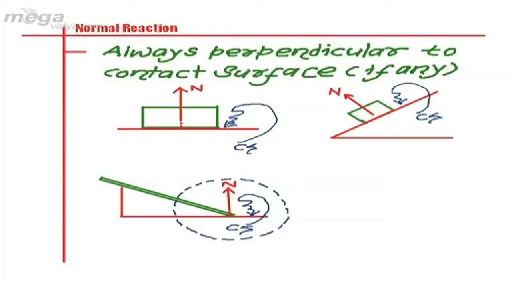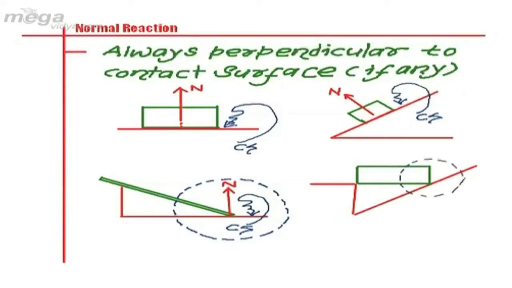Let us consider one more example. I have taken a surface of the shape of an English mark, correct. I have taken this example just to show normal reaction at this contact only. We will later discuss the normal reaction here, but here we are taking this end only for our consideration.